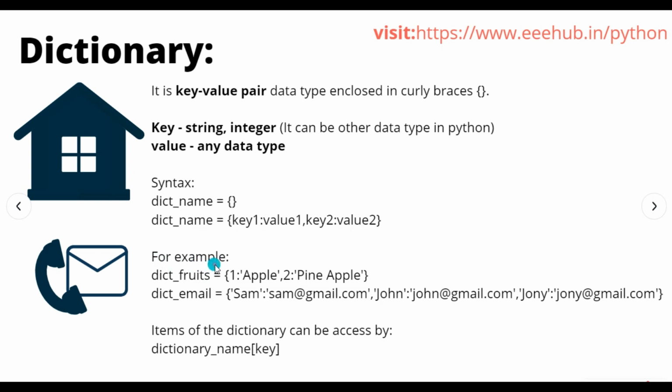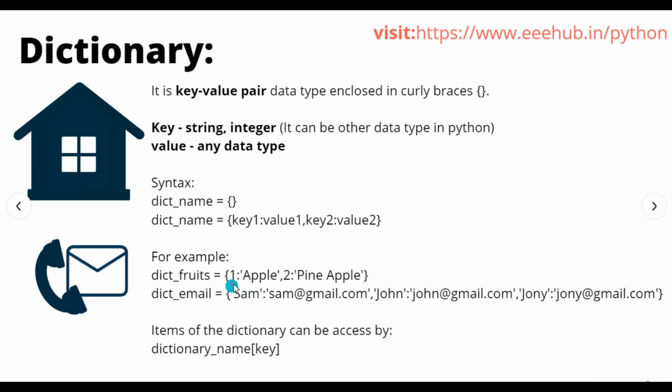Here we have an example. This is the dictionary variable name, then the assignment operator, and you see that the key and value pairs are inside the open and close curly braces. 1 is the key of apple and 2 is the key of pineapple, and each key and value pair is separated by a comma. Similarly, we have dict_email, where the key is a string data type.